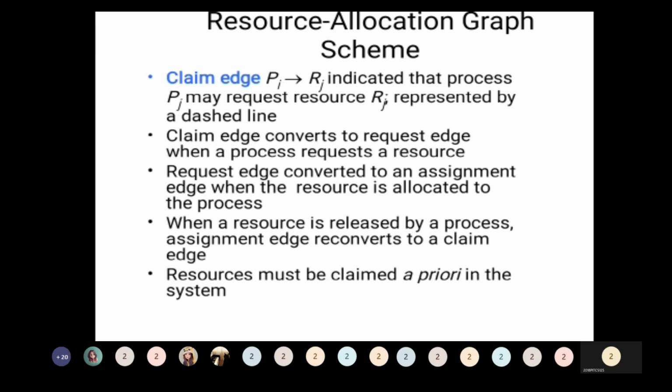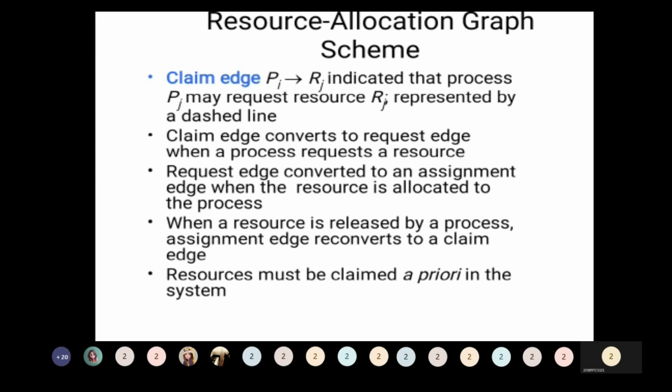Resource allocation graph scheme. For deadlock avoidance, we have the claim edge. A claim edge Pi to Rj indicates that process Pi may request resource Rj, represented by a dashed line. A claim edge converts to a request edge when a process requests a resource.